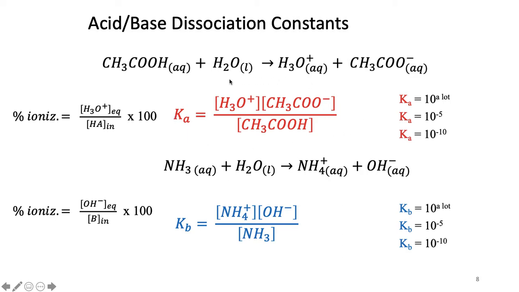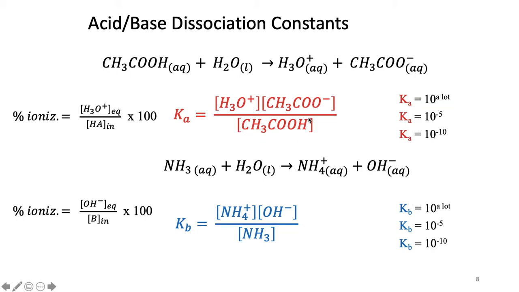If I write this equilibrium expression for acids and bases, they're called Ka for acid and Kb for base. The dissociation constant for the acid is written the same way as the equilibrium constant that we talked about in chapter 13. This is a specific class because it deals with acids and bases. So Ka is going to be the molar concentration of the H3O plus ion multiplied by the molar concentration of CH3COO minus ion divided by the concentration of your acid.